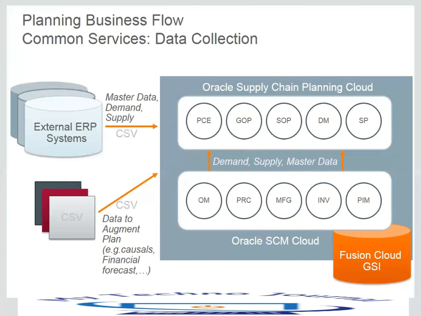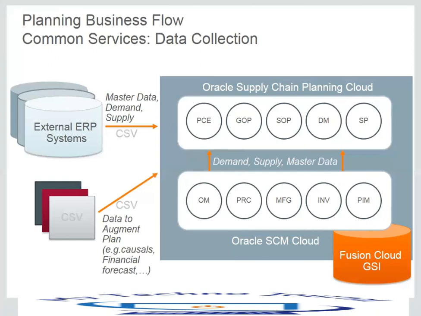So here, if you see from the master data perspective, we will collect all your items, all your item structures, your routings, your units of measure, okay, cost, everything we will collect. And from the demand perspective, obviously all your demand in the form of sales orders and shipments, you will load it for the demand picture.